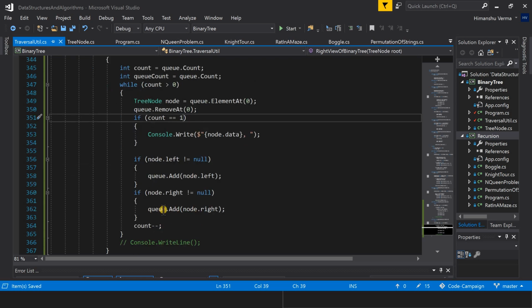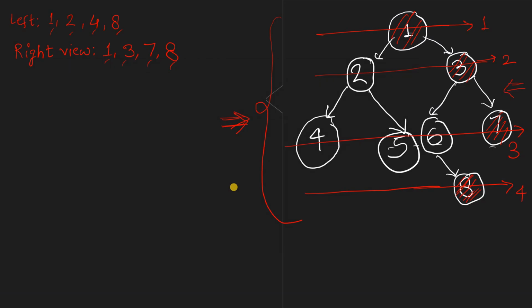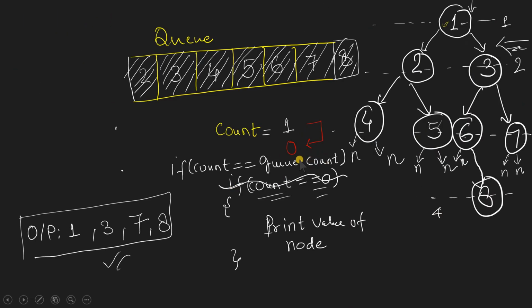So let's go back to our slide. Here I said the count is equal to 0, so it should be 1, because when the count is 0, it means there is no element, right? But we want to print the last element. So when the count is 1, then we'll print the value of the node.